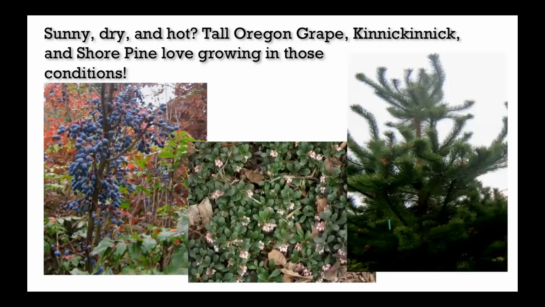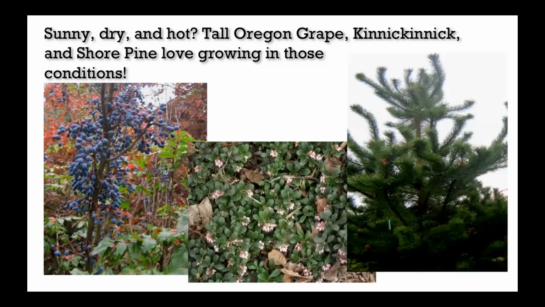If your whole garden is really sunny and the soil is dry, if you have a lot of sand content and the water drains fast and it's hot, if you have a lot of hardscape, like the street pavement or sidewalks or rock walls that create hot spots in your garden, there are native plants that thrive there too.